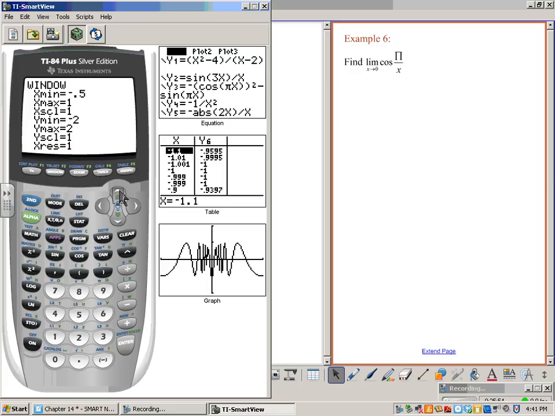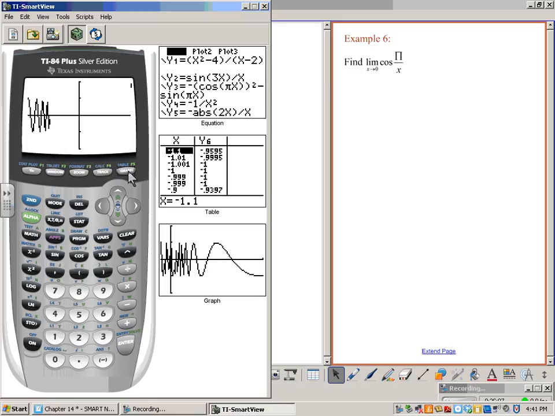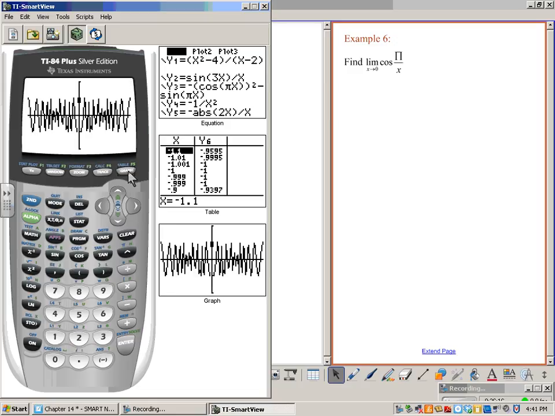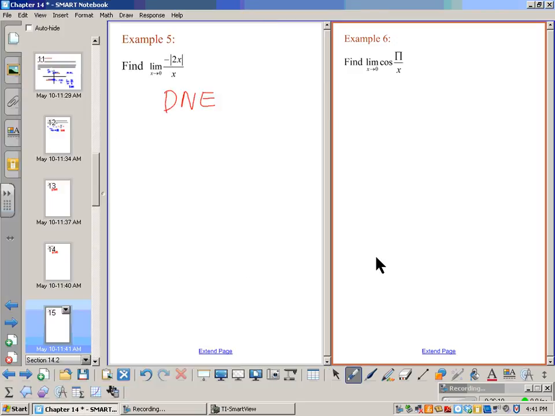And so let's make it really small. Let's try -0.1 and 0.1 and see what happens. And we still see about the same thing that we saw earlier. So what we have going on here is that it's oscillating infinitely many times as x is approaching 0. So again, the last example is where our limit does not exist. Okay? And that's my last example.